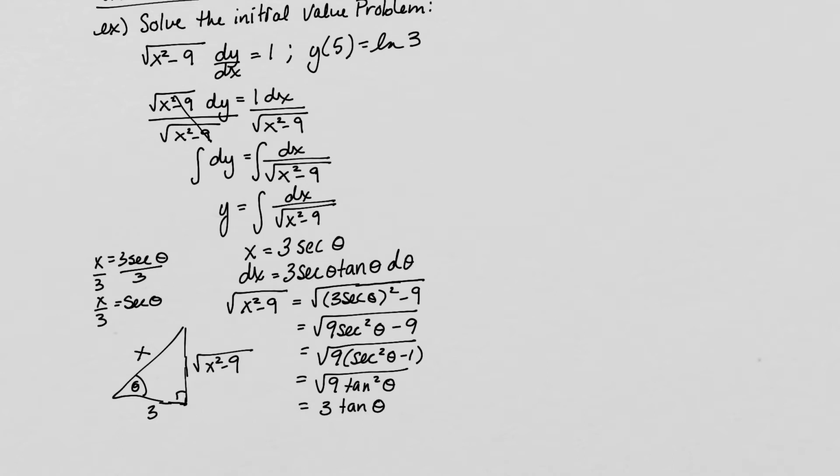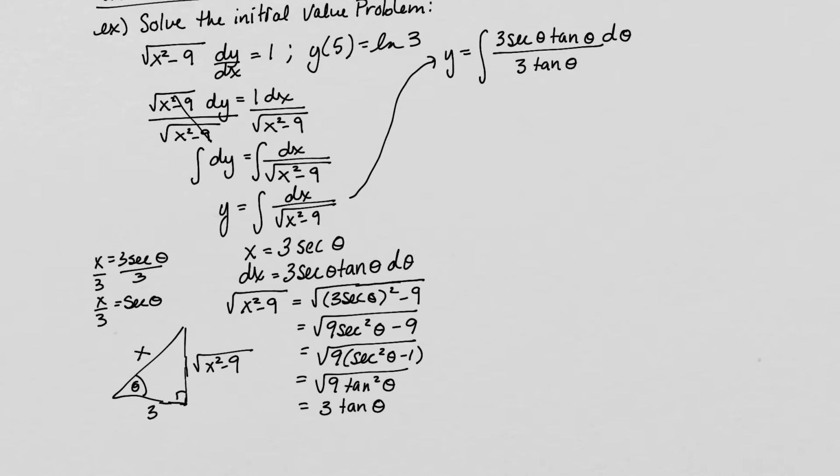Okay. So now I'm at a point where I can plug into my integral. So here's my integral. So y is going to be equal to the integral. dx is 3 secant theta tangent theta d theta. And then that square root in the bottom is just 3 tangent theta.